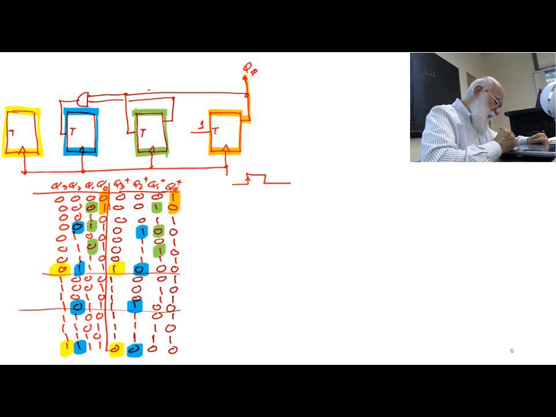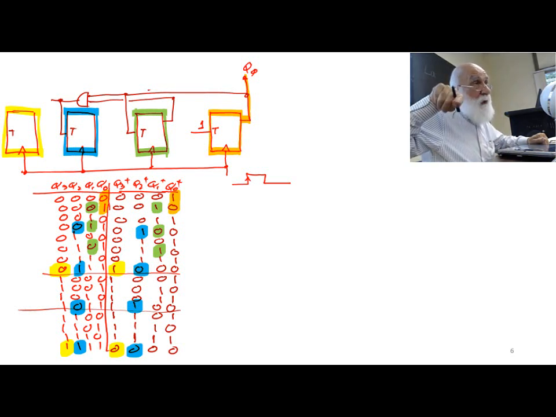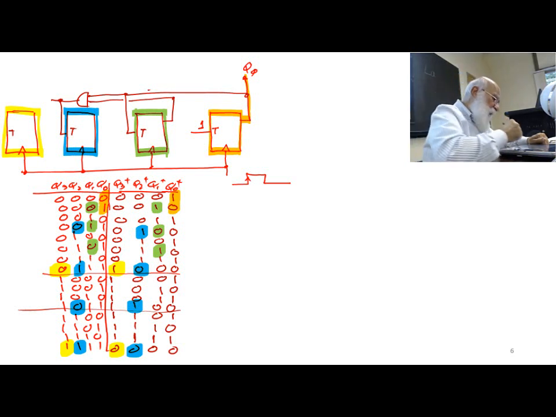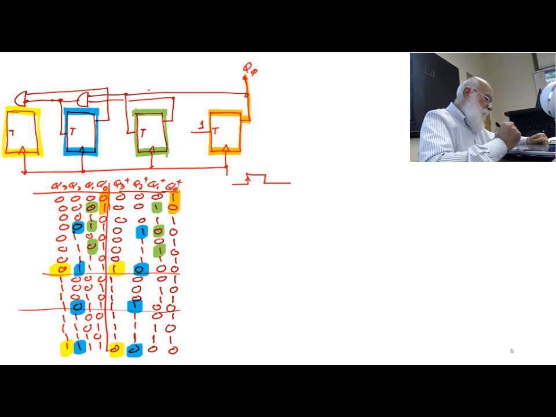Well, I already have a gate output which ANDs the bits 0 and 1, and then I'm going to put a gate here to take this and to take this.